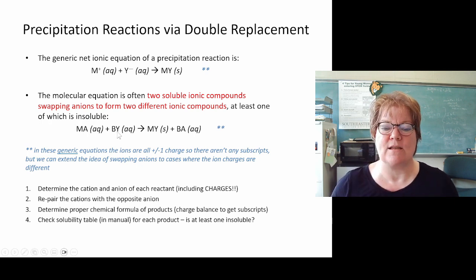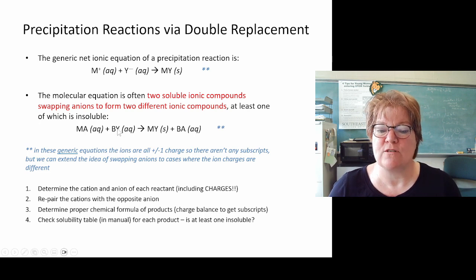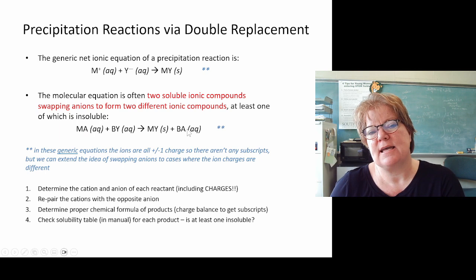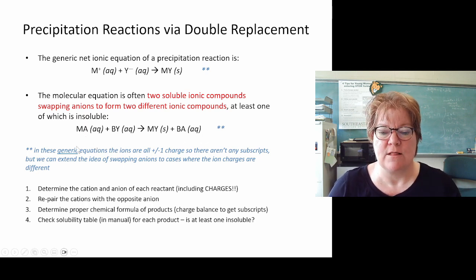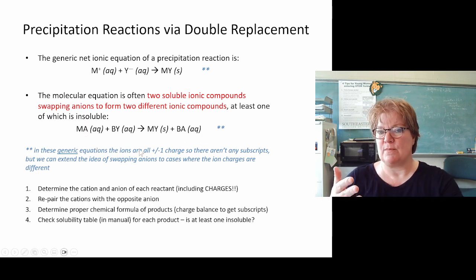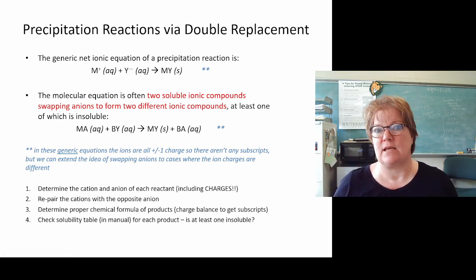And I've chosen that reagent because Y will precipitate with M. So this is my source of Y minus ions. And then I end up getting my precipitate, and then I get other ions. Again, this is aqueous, so the B ion would be left behind, and so would the A ion. That's fine. And again, be careful. This is just showing a +1, -1 charge. There can be subscripts involved if the ions are not the same charge, and that frequently happens.